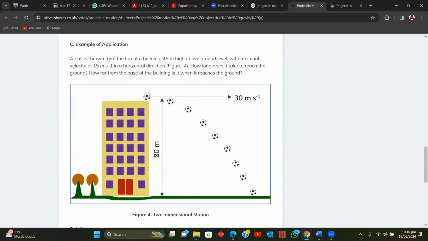Let's say a ball is thrown from the top of a building 45 meters high above the ground level with an initial velocity of 15 meters per second in a horizontal direction. How long does it take to reach the ground?